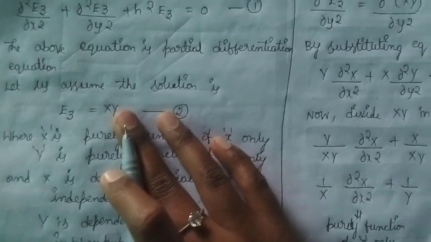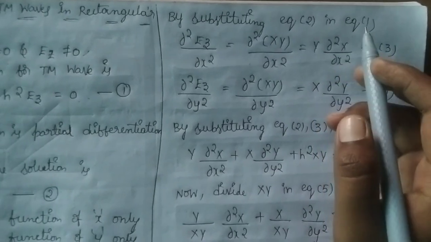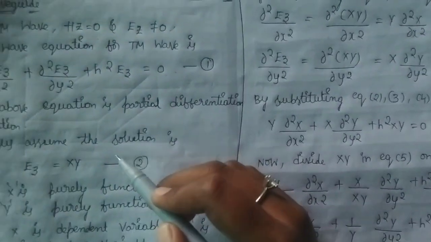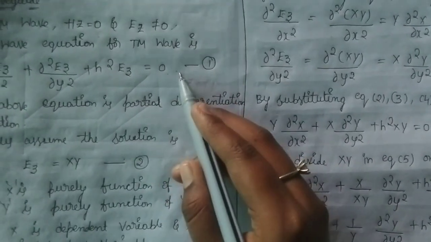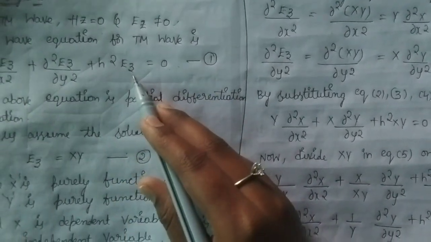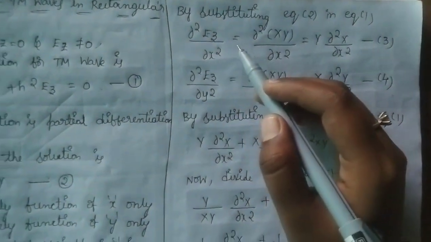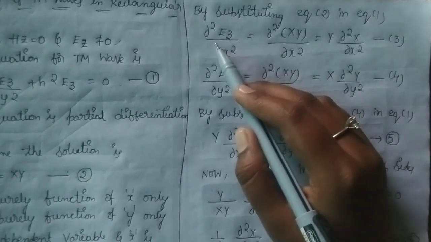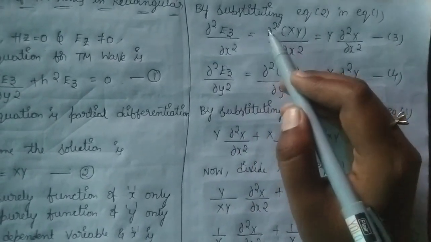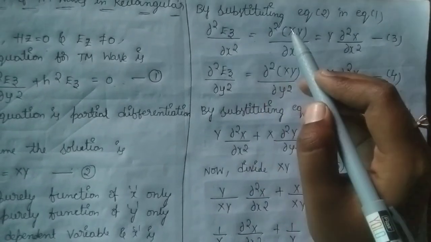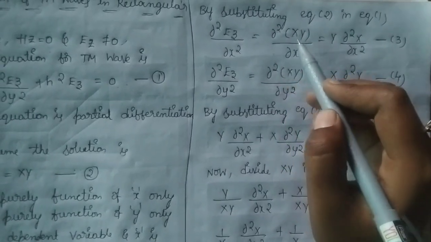Next, by substituting equation 2 in equation 1, that means in the place of Ez we are replacing XY, we get dou square Ez by dou x square is equal to dou square of XY by dou x square.